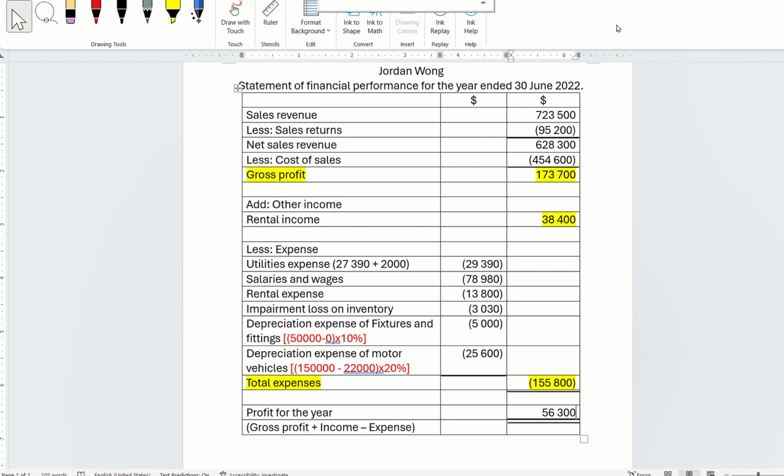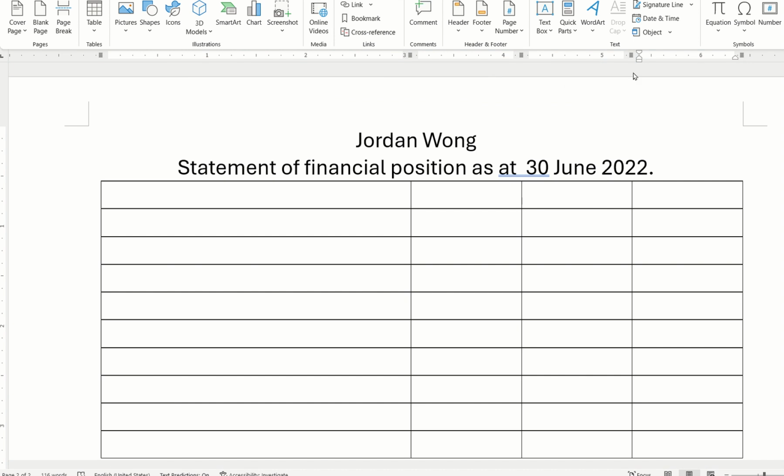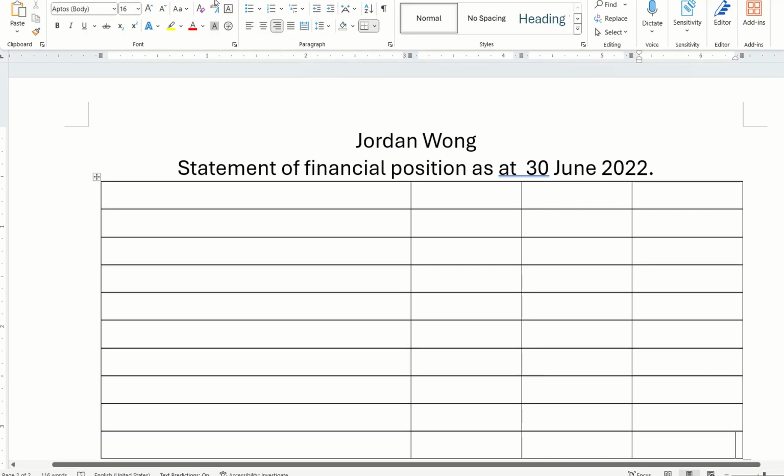After you finish your statement of financial performance, it's time to do your statement of financial position. Your statement of financial position has got 3 columns. Don't forget about that. So let's key in the names of the 3 columns. The first column is called cost with a dollar sign.